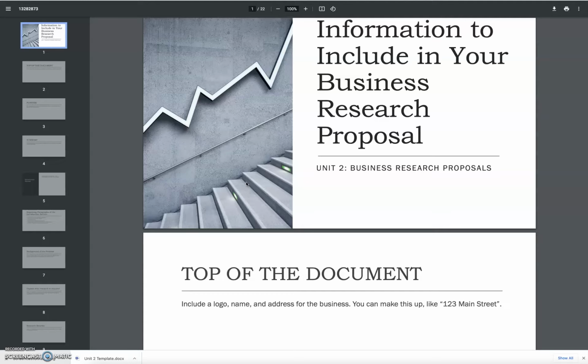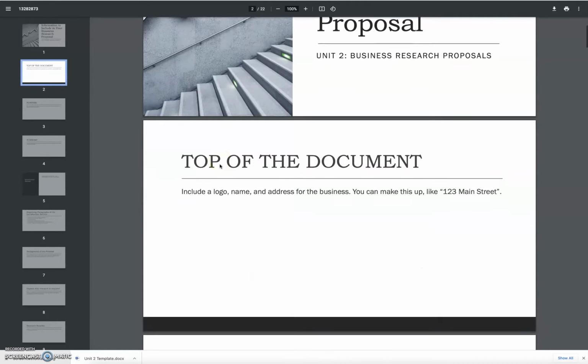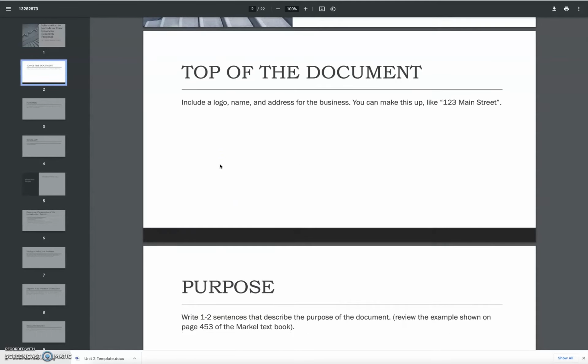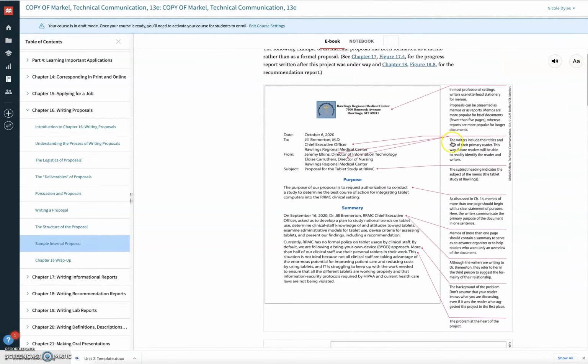Okay. So let's go through this slide deck that you have access to. Again, it's inside of the Unit 2 folder on Blackboard. So let's just go through. I'm going to kind of flip back and forth between this slide deck and this example.